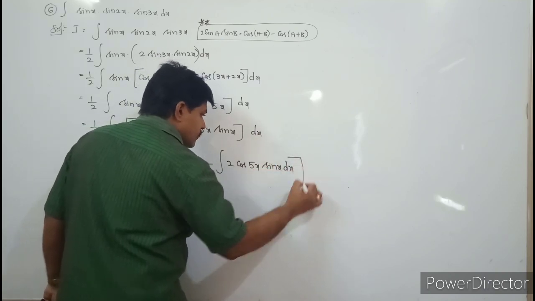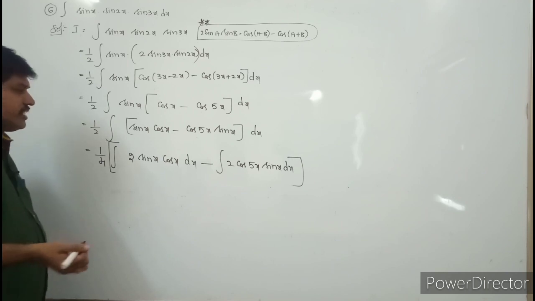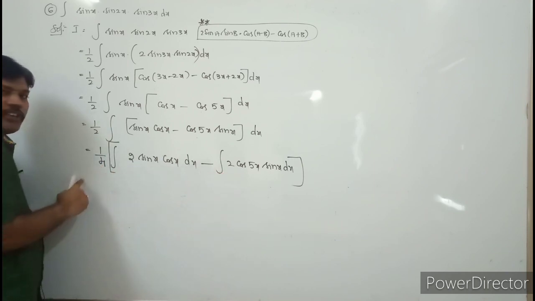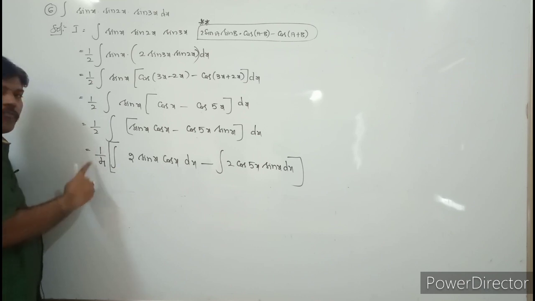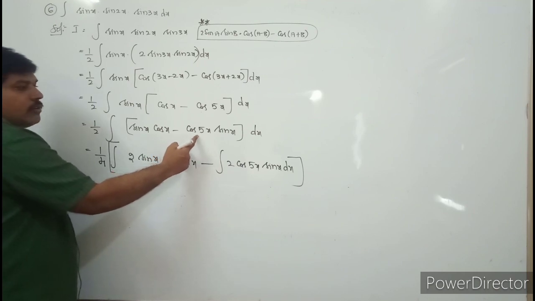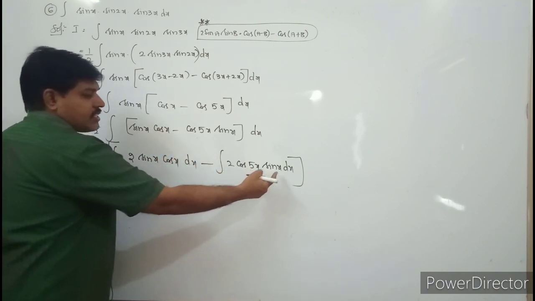See that one, what I did is just multiplied and divided with 2. So 1 by 2 will become 1 by 4. 2 sin x cos x, and this value will become 2 cos A sin B formula.